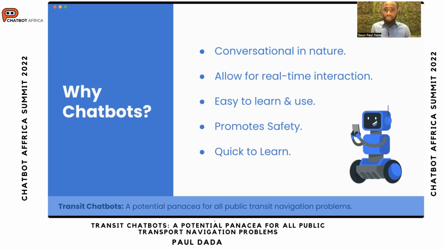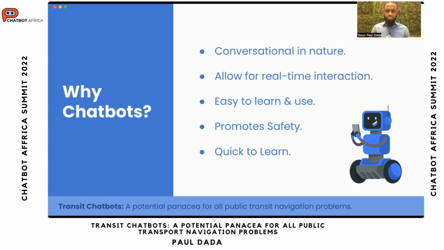The next thing, they allow for real-time interaction, so you don't have to drop a question and come back later. The next thing is they're easy to learn. Most chatbots are designed with a simple UI where it's very easy for people to pick it up, figure it out, and learn how to interact with it.